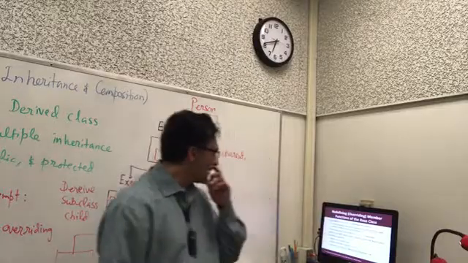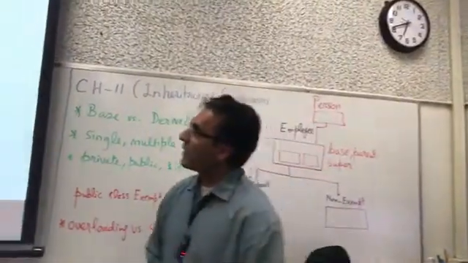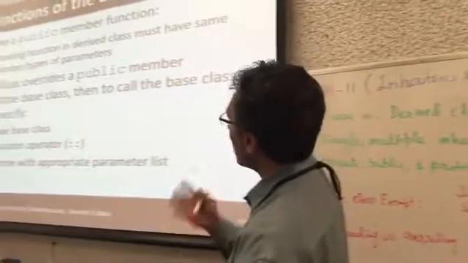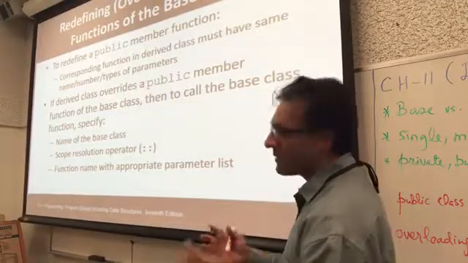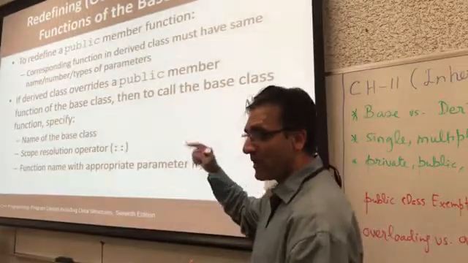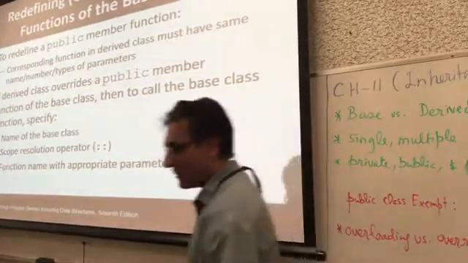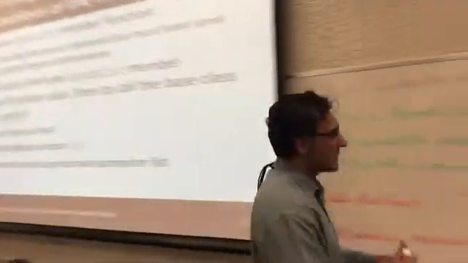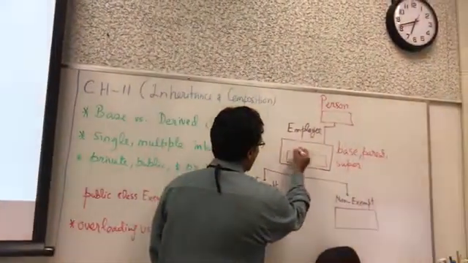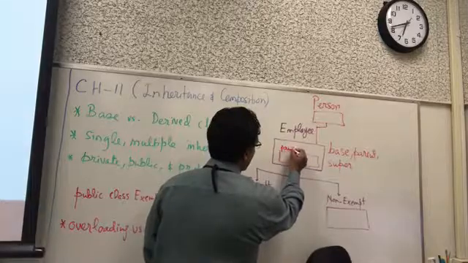Then it further says, to redefine a public member function, the corresponding function in the derived class must have the same name, number, and types of parameters, if the derived class overrides a public method. So if I have a method here, let's say this method is called print method.